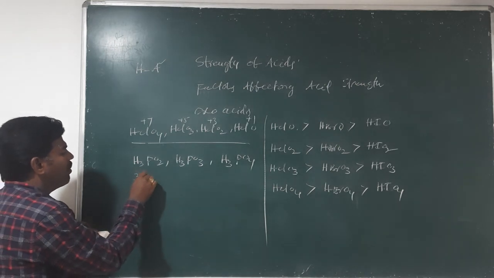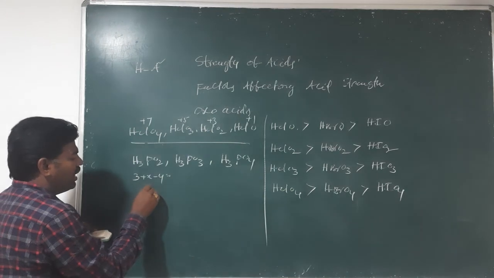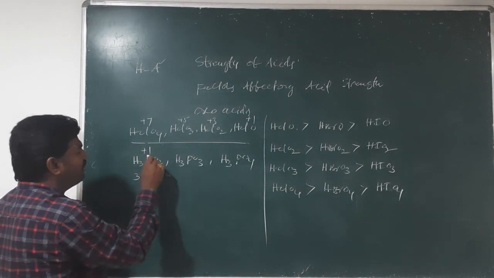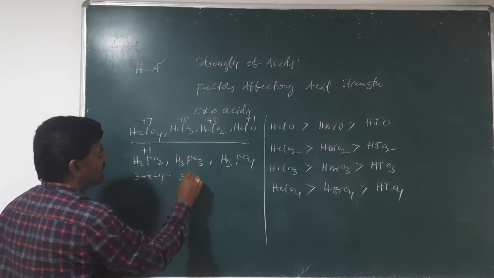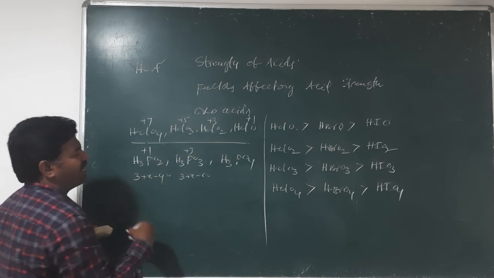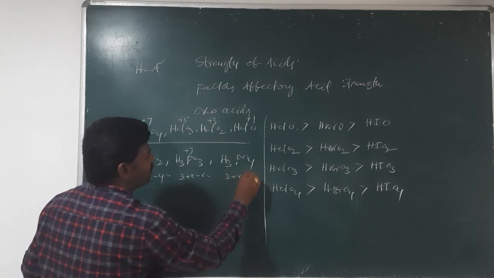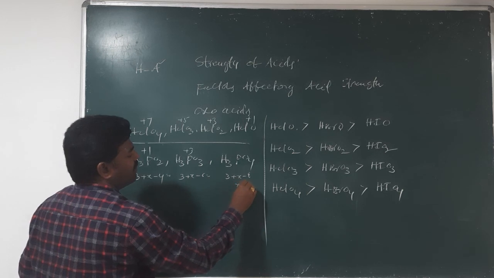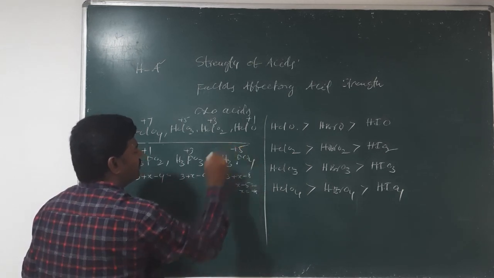H3PO2: 3 plus x minus 4 is equal to 0, that is plus 1. Here we get 3 plus x minus 6 is equal to 0, that is x equals plus 3. And here 3 plus x minus 8 is equal to 0, x minus 5 is equal to 0 and x equals plus 5. So, plus 5.